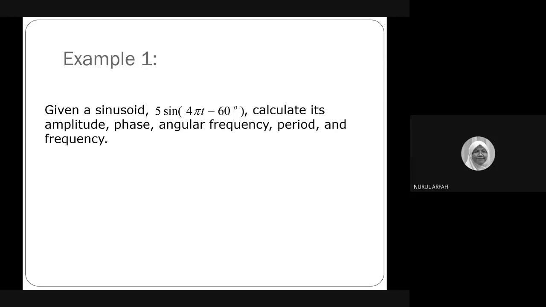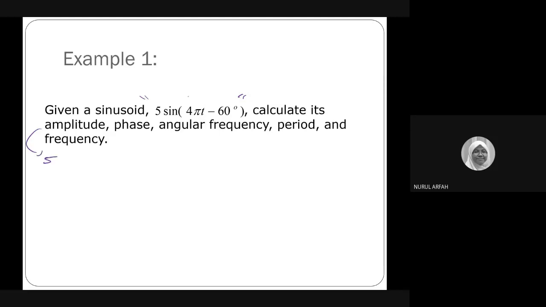If you have this question, what is the amplitude for this signal? 5. The amplitude is 5.